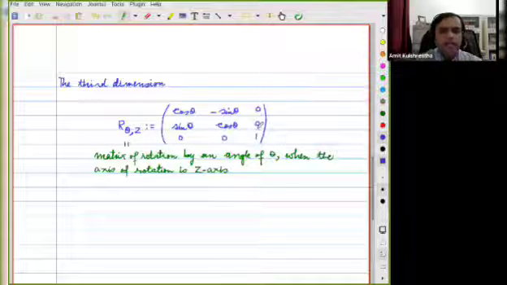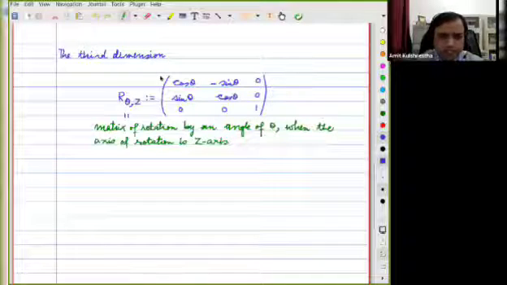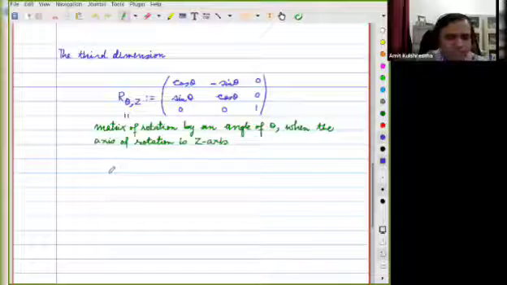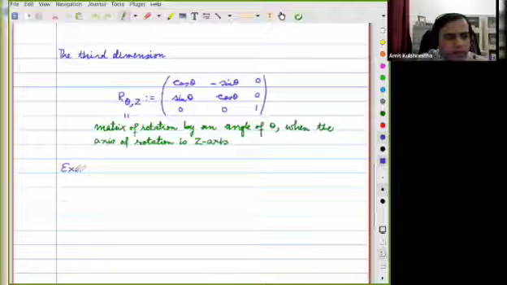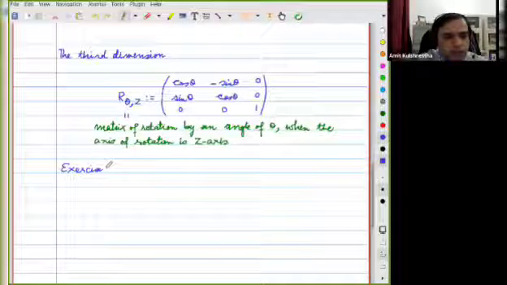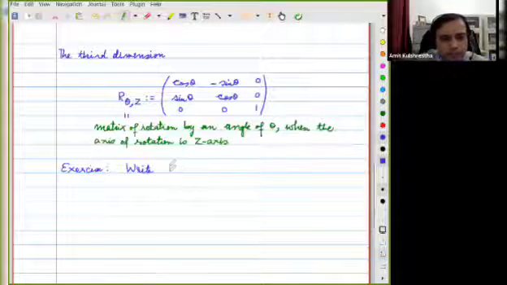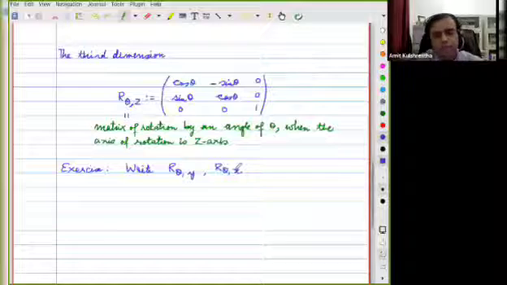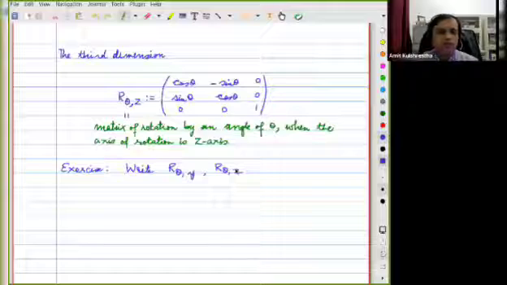And similarly, I can write the rotation matrix when your axis is the y axis and the x axis. Okay, or maybe that could be an exercise. Yeah, that would be an exercise. So write R theta y, R theta x. And somewhere actually I am cheating here, because there is a choice of clockwise or anti-clockwise involved.